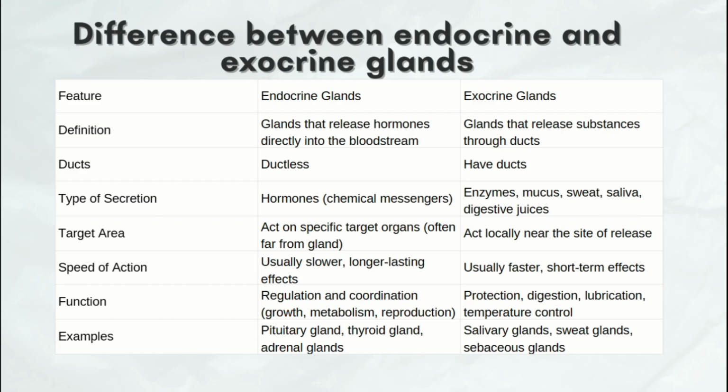Exocrine glands release these substances through ducts. So that's basically one of the major differences. One is ductless and one has ducts. Then we have the chemical messengers of the endocrine glands, and the exocrine glands, talking about enzymes, mucus, sweat, saliva, digestive juices.